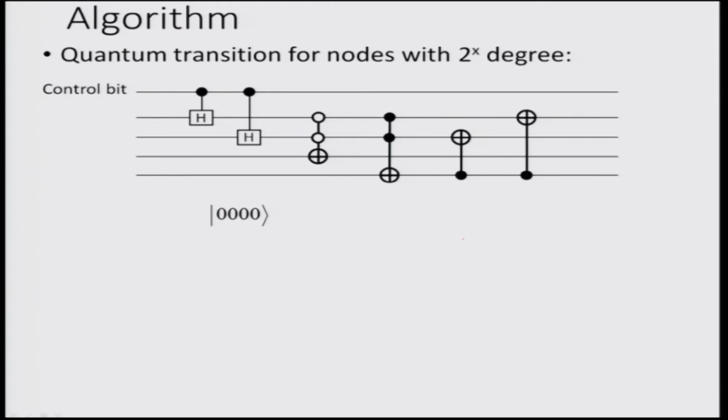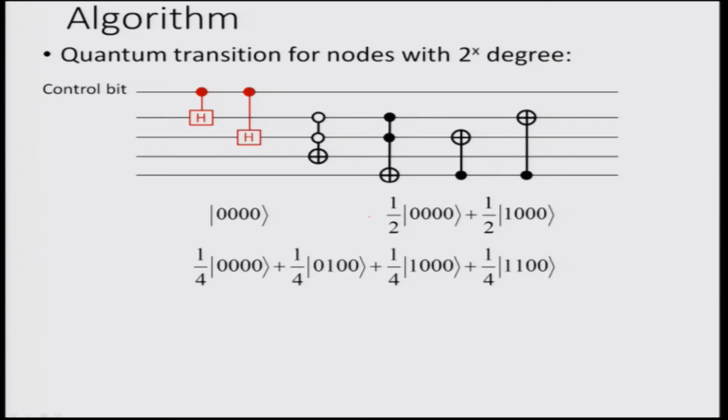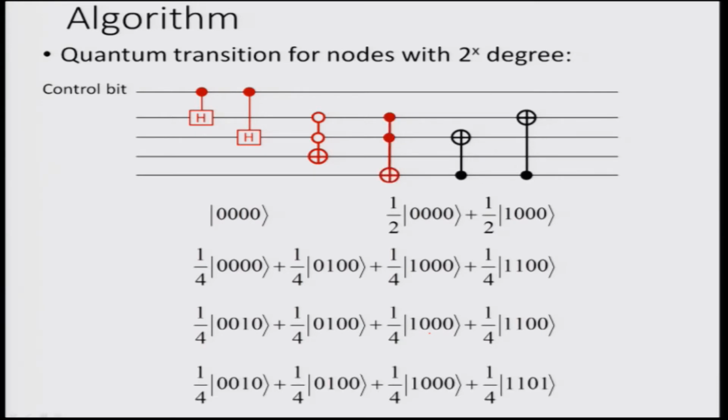The first operation, when the control bit comes, is a Hadamard. So, that is how the first Hadamard works. The next one essentially takes another Hadamard of the 2, and then we put in a control NOT on top of that.